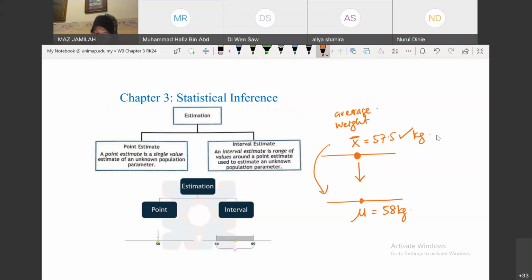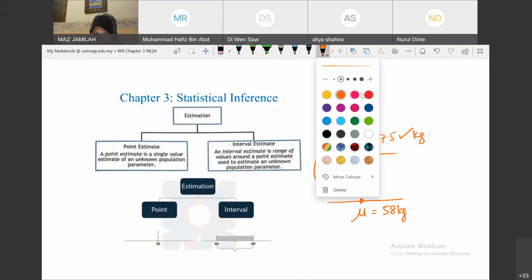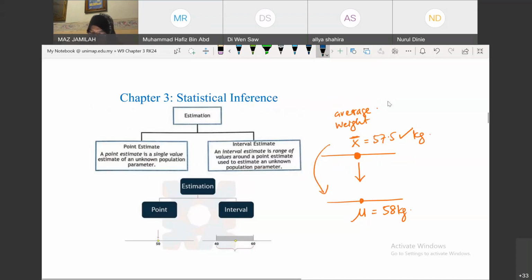Why? Because by using the interval estimate, you widen the value of your estimation. Since the population mean may be a bit larger than what we estimated, by using the interval estimate we are more confident that our estimation is right.